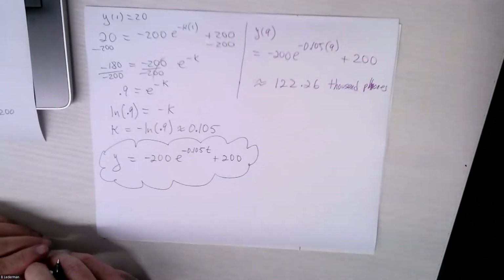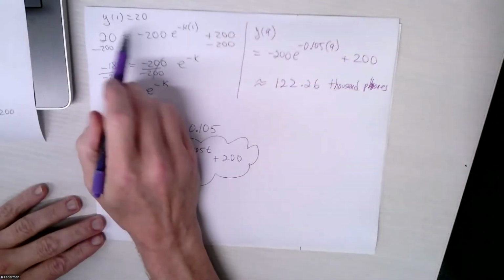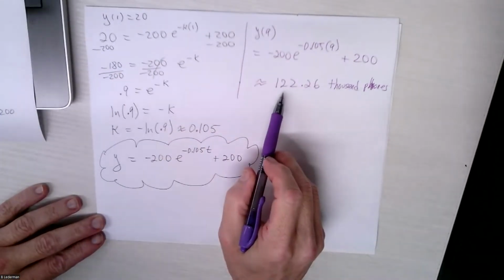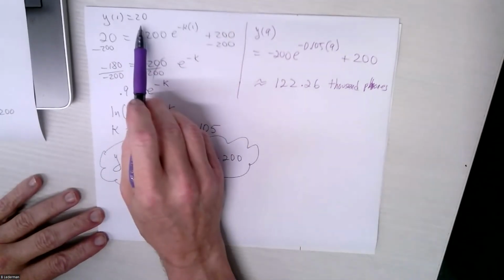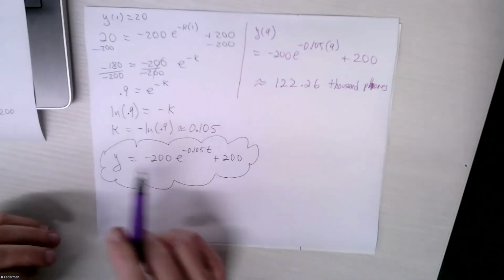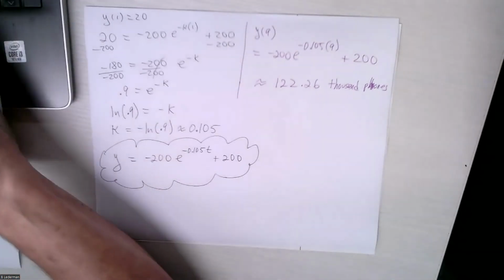Now let's take a quick reality check. After 1 month, they sold 20,000. After 9 months, they sold 120,000. But 9 times 20 is 180. So you see that it slowed down. They didn't keep up the pace of the first month.